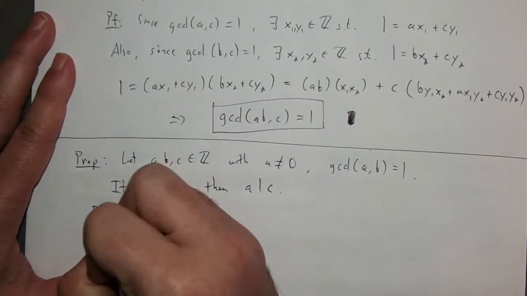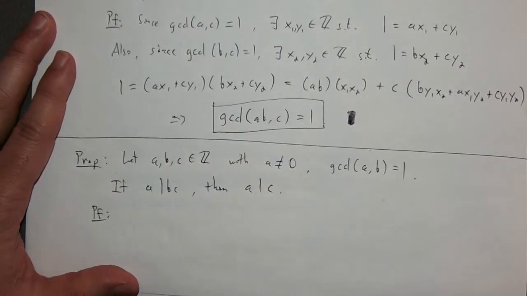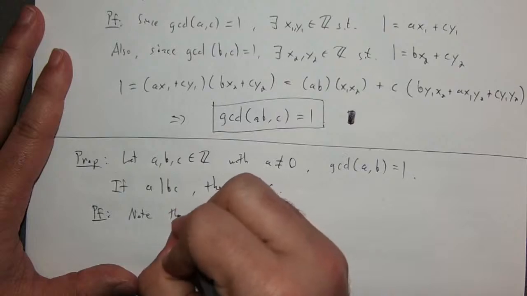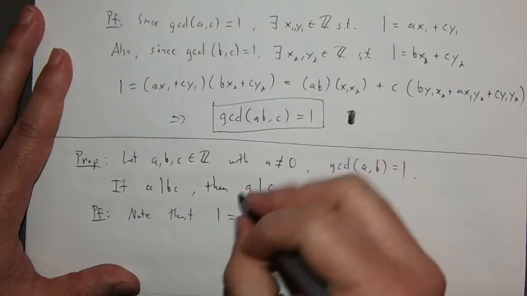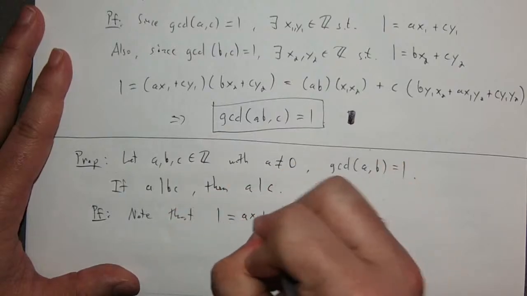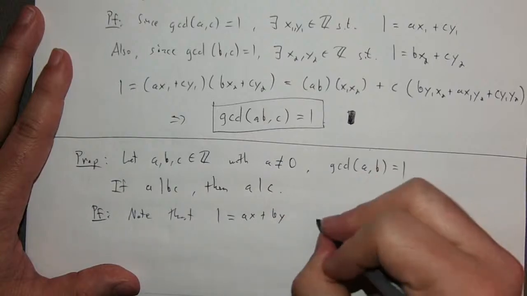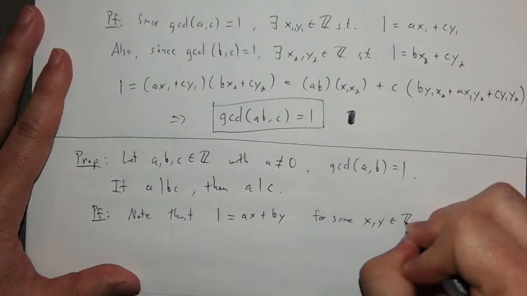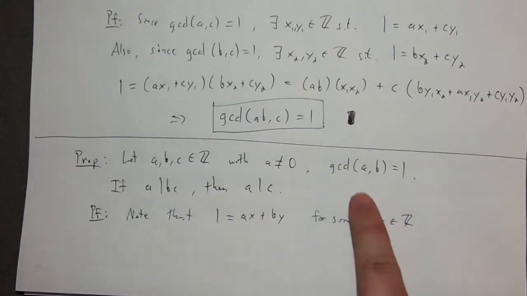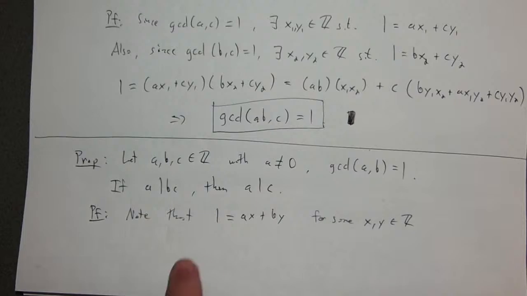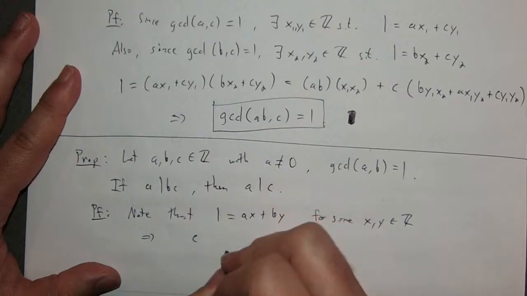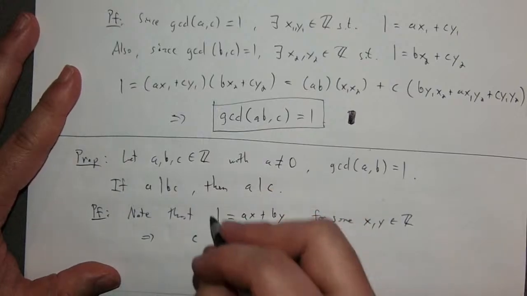I said I wasn't going to give the proof, but I might as well. It's very short. So note that 1 can be written as a linear combination of A and B, for some x and y which are integers, right? That's from the fact that these are relatively prime. Well, I can actually just multiply by C on both sides. You're going to do this a lot in number theory proofs.